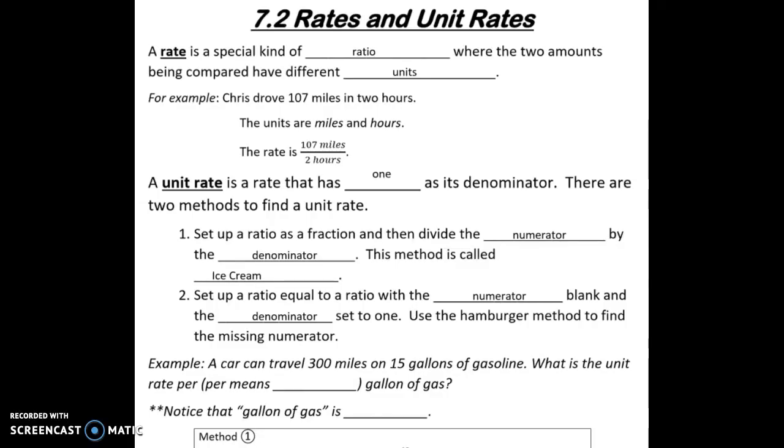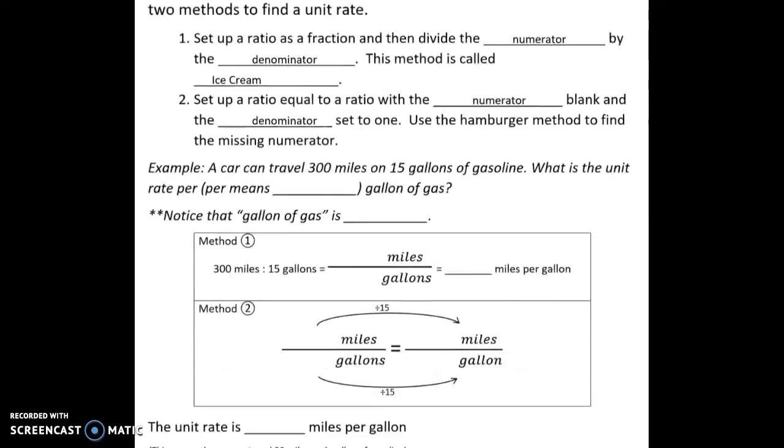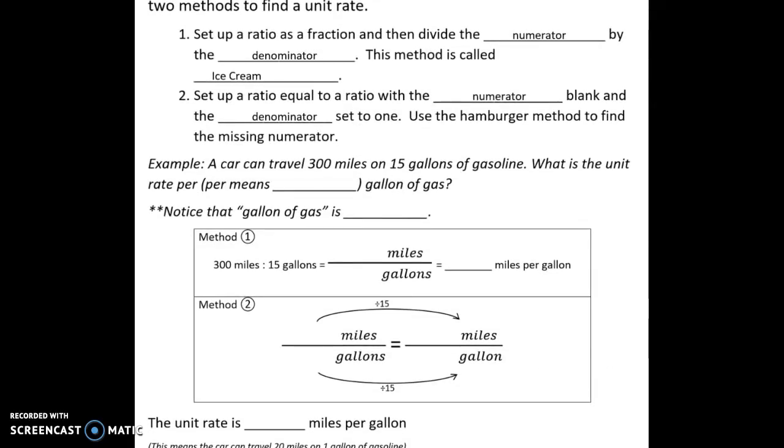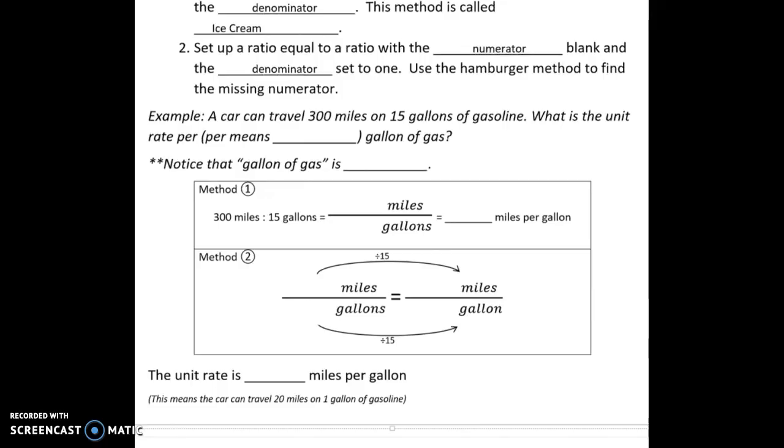So we've worked with this a little bit in ratios, and I'm going to give you some more examples now. Alright, so our first example. A car can travel 300 miles on 15 gallons of gasoline. What is the unit rate per gallon of gas?